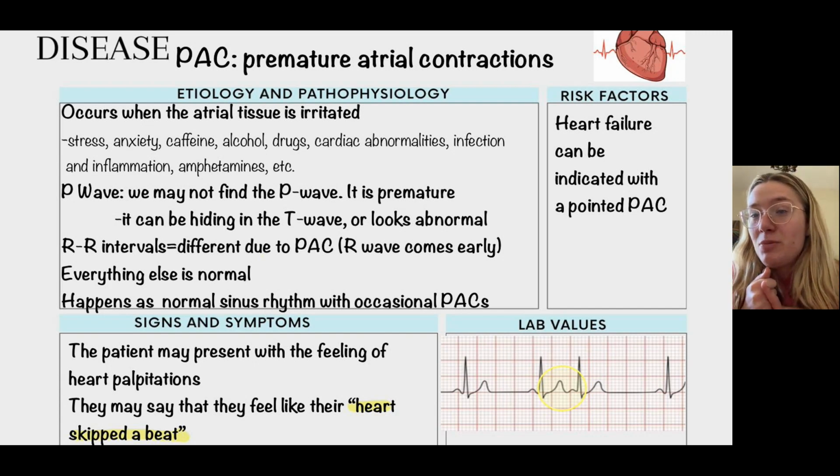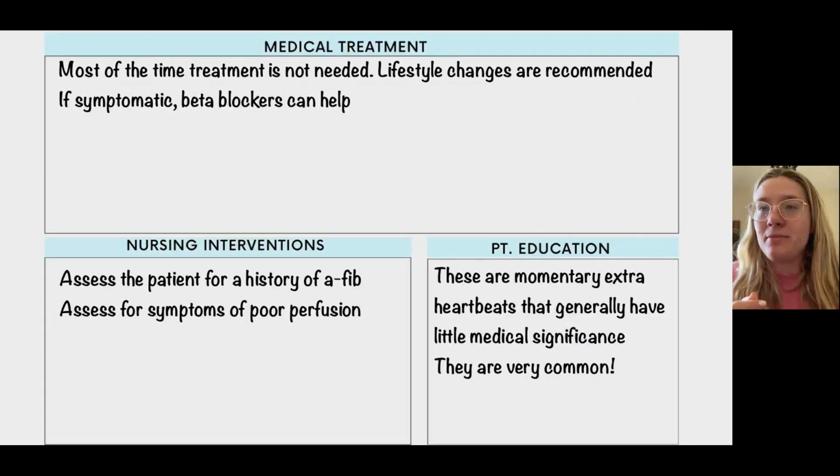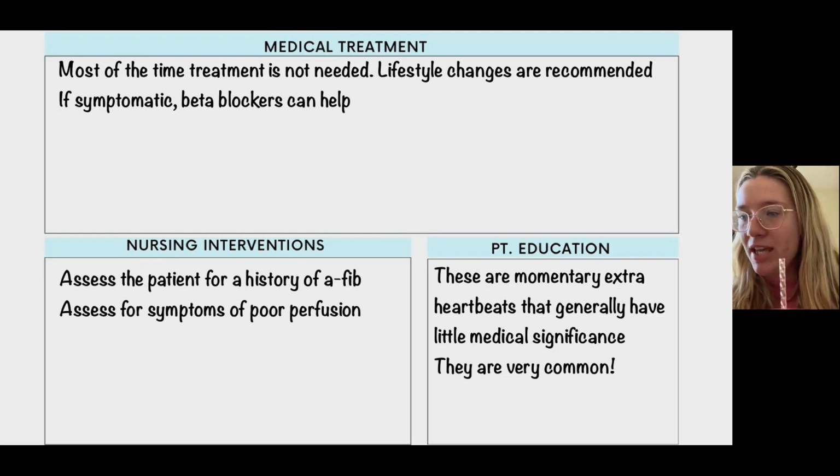If my patient is symptomatic, sometimes they just feel like their heart skipped a beat. Most of the time, treatment's not needed. We can do some lifestyle modifications because we know some of the causes, like ETOH, smoking, things like that. But if these patients are symptomatic and they're having an elevated heart rate, we can give them beta blockers.